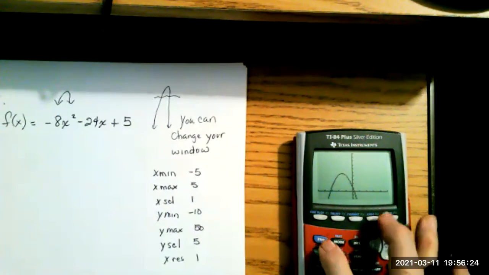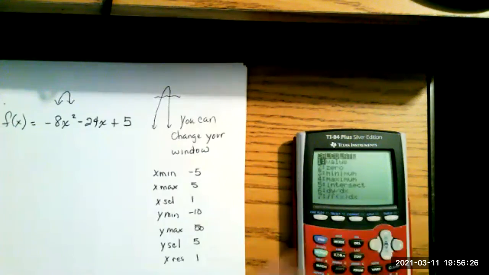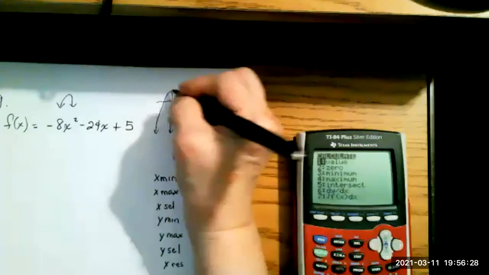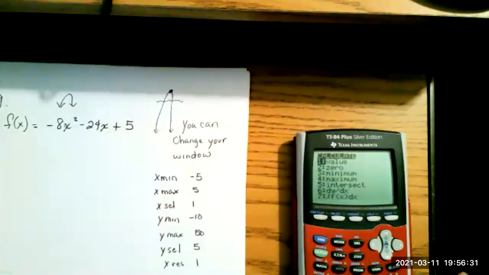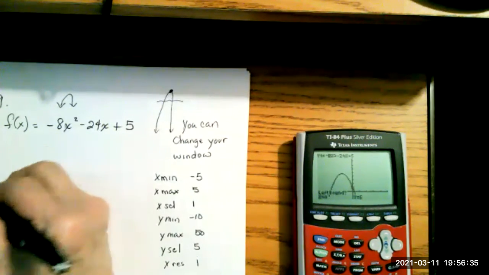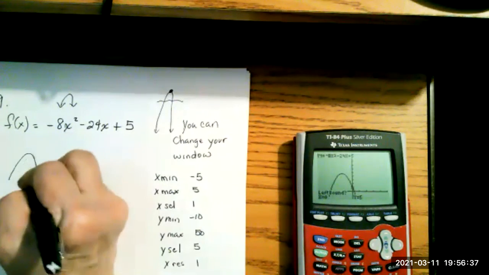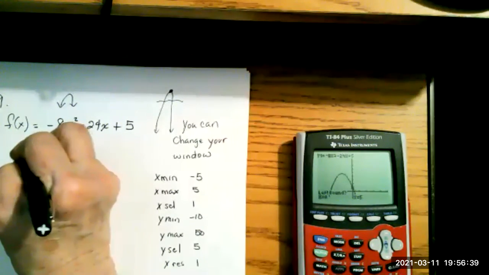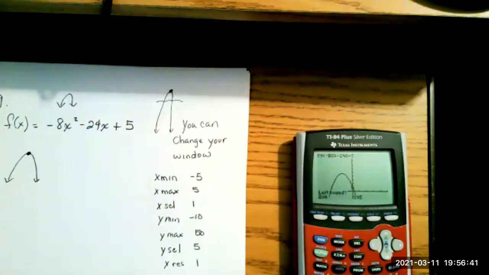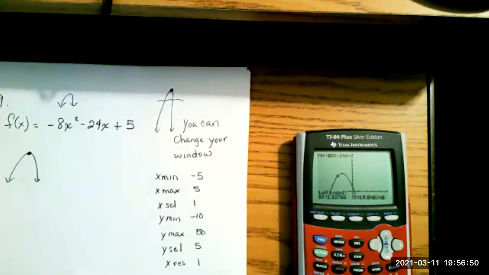So now let's find, I'm doing second and calculate, and this one is a maximum, so I'm going to go down to 4, which is the maximum. I'm going to make sure I'm on the left side. So I'm going to move my cursor over here to the left side of the top of my problem, and I'm going to hit enter.